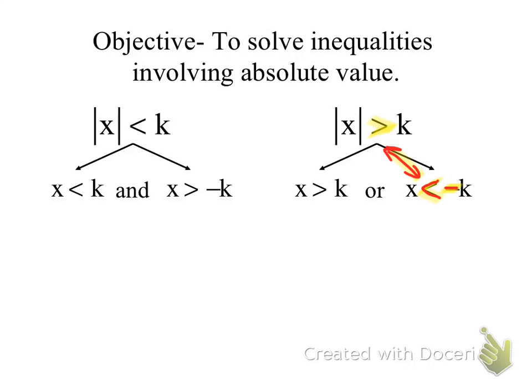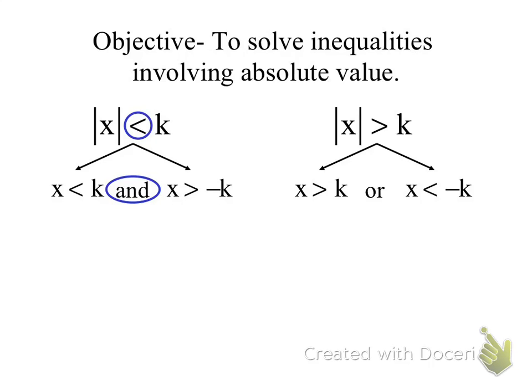Ben? Wait, so why is it the less than for and and greater than for or? Well, I'm going to explain. Okay, so notice the less than is an and. An and is a what? A combination? No. Conjunction. Yes.